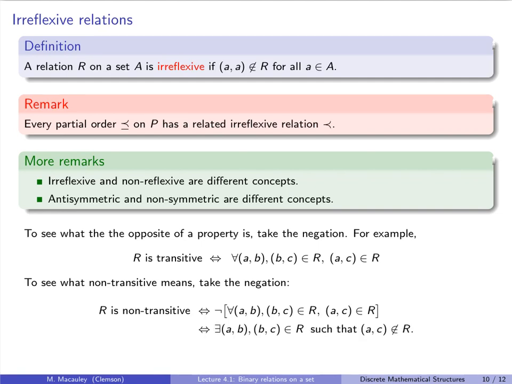So we have there exists an A and a B and a C, A related to B and B related to C, such that A is not related to C. So going back up here, being non this property, or non that property, is a little bit different than these modified properties that sound like they could be the same, but are not.